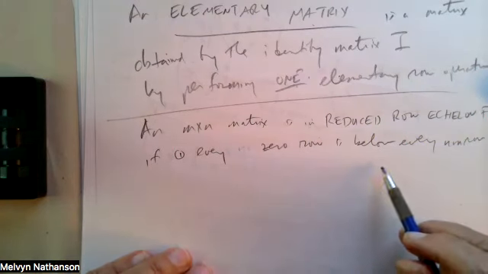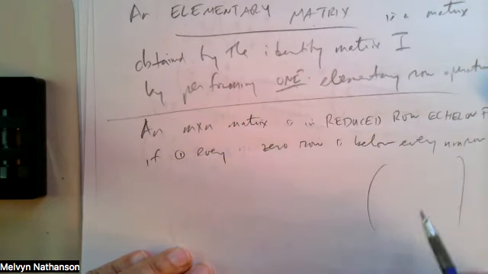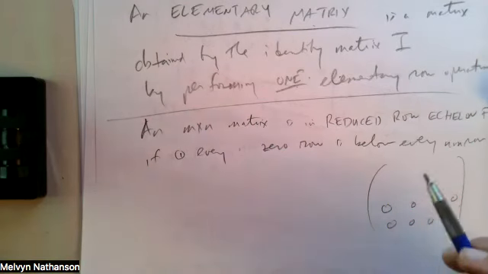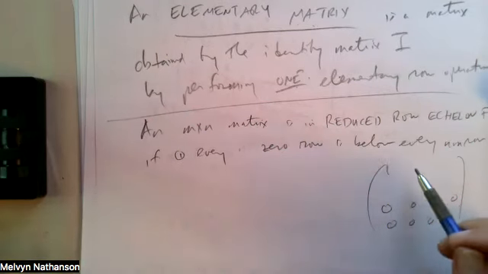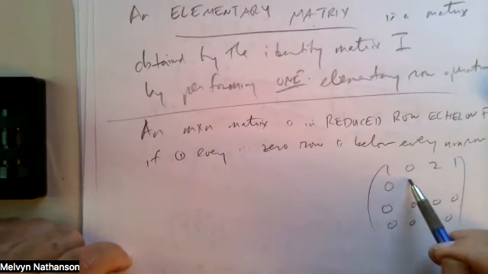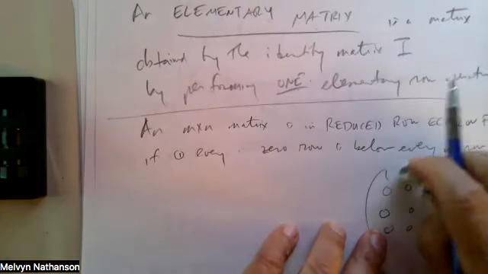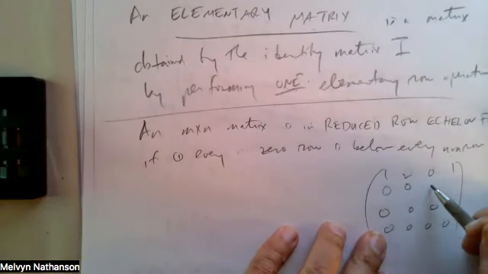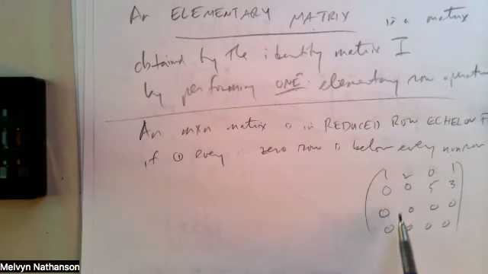So for example, you have a matrix that looks like this. Maybe the last two rows are all zeros. Here's a matrix, this happens to be a 4 by 4 matrix.